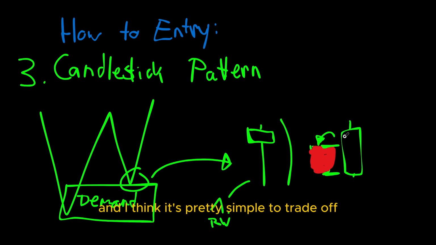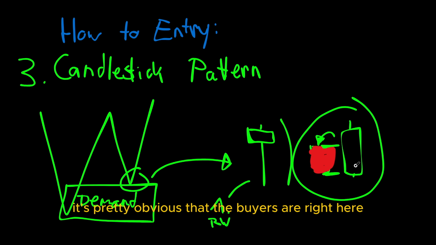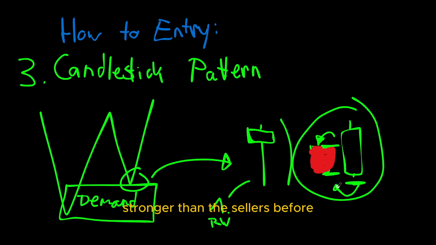And I think it's pretty simple to trade off candlestick patterns. Actually, I think they're a good thing in the markets because they can't hide anything, okay? The markets can't hide what happened in this given period. So if we see a candlestick pattern like this, it's pretty obvious that the buyers are here stronger than the sellers before. This is just the truth.